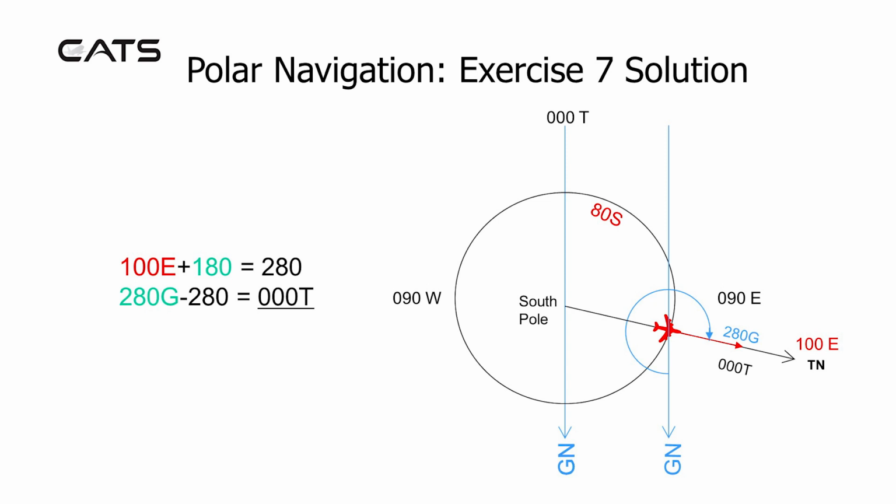The grid may then be transferred through the aircraft position, and the grid course of 280 grid may be drawn from the grid reference. Measuring round from the true North Pole gives the direction of the aircraft, which is 000 true.